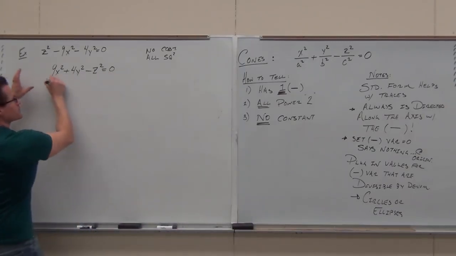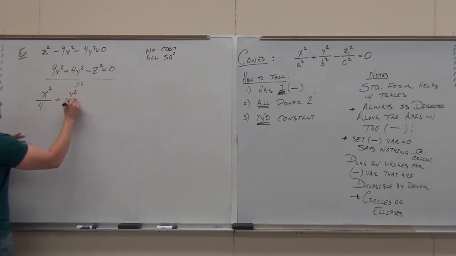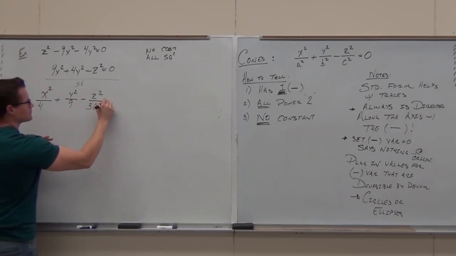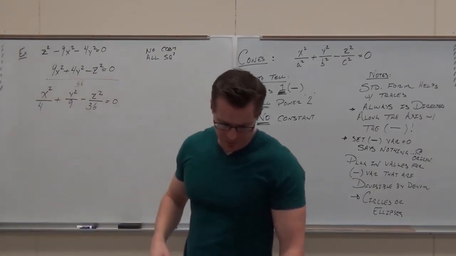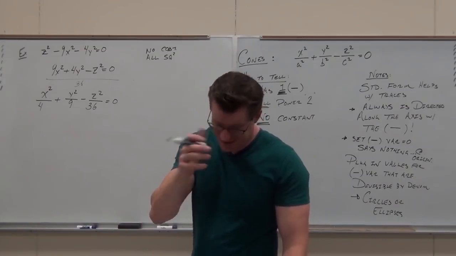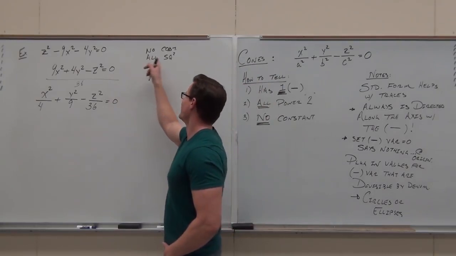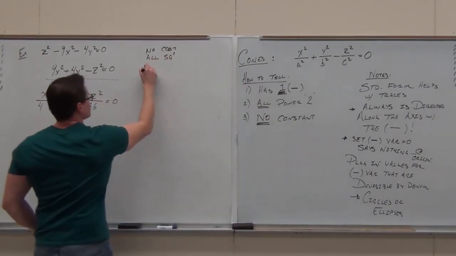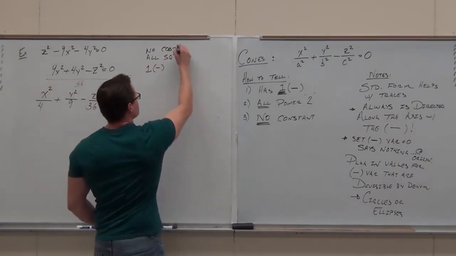If we divide by 36, that at least looks a little bit better. It's kind of nice. So now we go, okay, yeah, that looks better. There's no constant, they're all squares, there's one minus. That's for sure a cone.